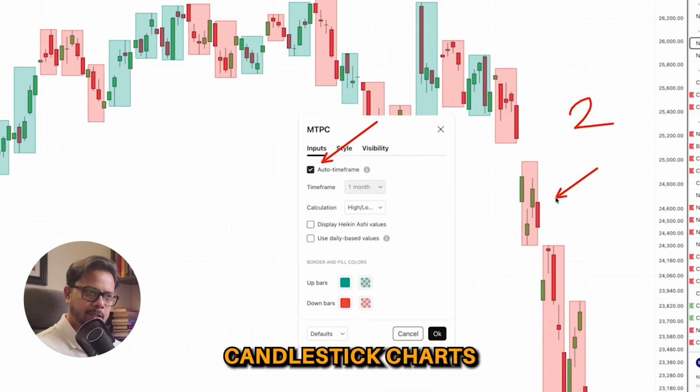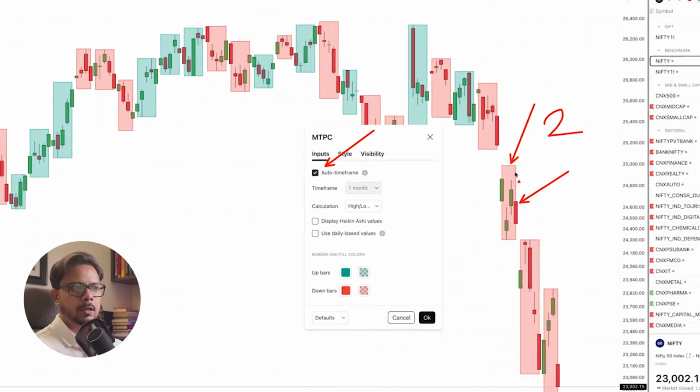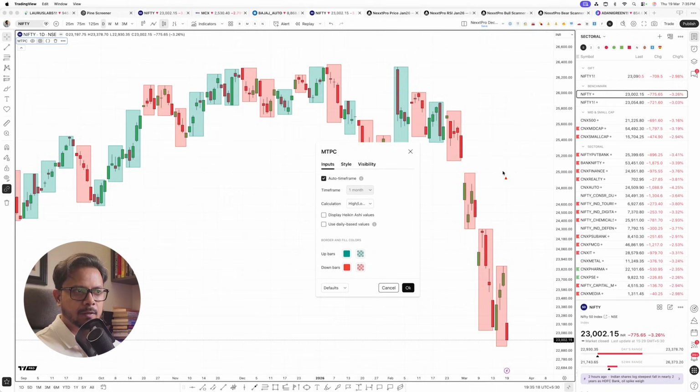One, the candlestick chart that you have plotted, in this case Nifty daily, and one which is behind it. It's generally larger. It cannot be shorter or smaller. It has to be a larger time frame than the time frame that you're already plotting. So if my candlesticks are on daily, the MTPC will be more than daily.